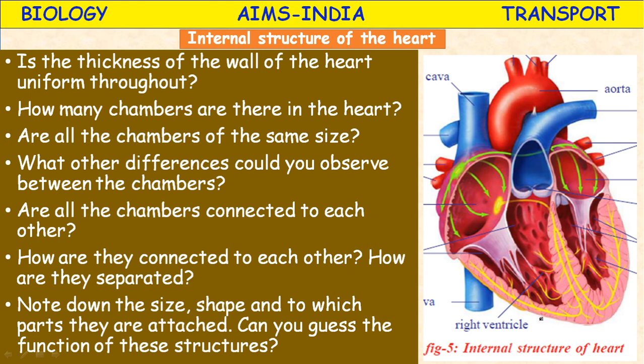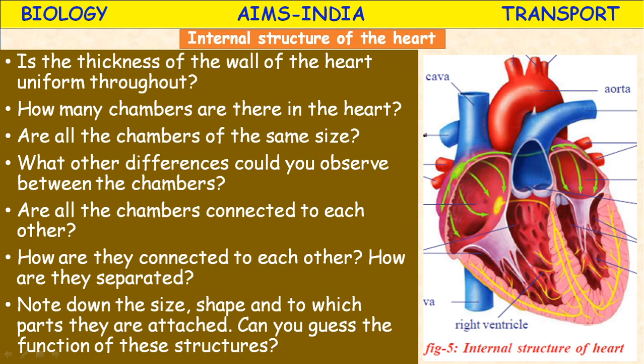As we know, the heart is covered by a double-membrane protective layer, that is the pericardium. Now, is the thickness of the wall of the heart uniform throughout? It may be thick in some places and thin in some places.